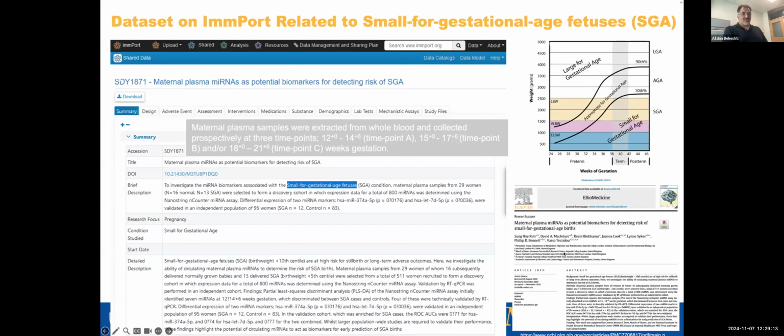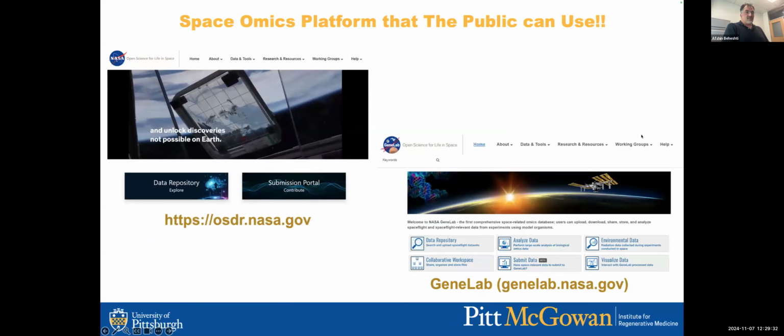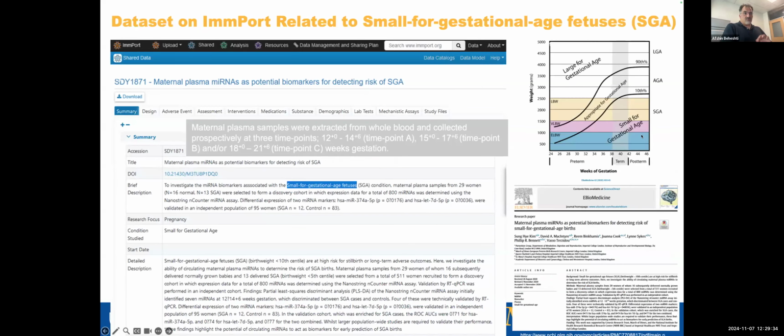They had a data set on microRNAs in maternal plasma related to a specific birth defect called small-for-gestational-age, or SGA for short. It is an unfortunate birth defect where children are born smaller in size and proportion than normal-sized children at birth. Some of these children recover as they grow and come back to normal, but unfortunately some kids don't, and they have health effects because of it.